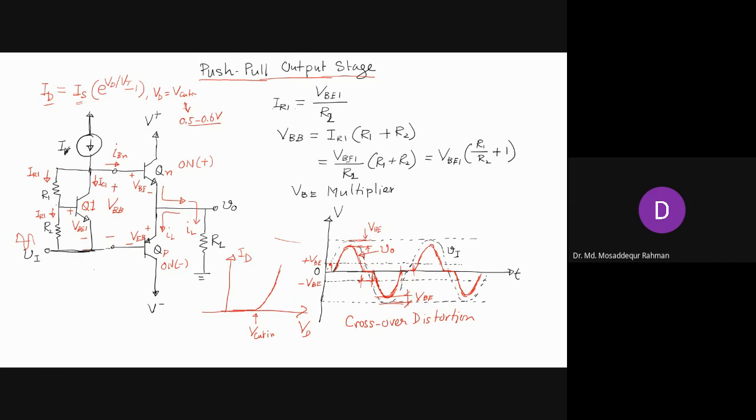We can easily adjust this voltage by varying either R1 or R2, and have the appropriate voltage needed to just forward bias these two base emitter junctions without drawing much current.